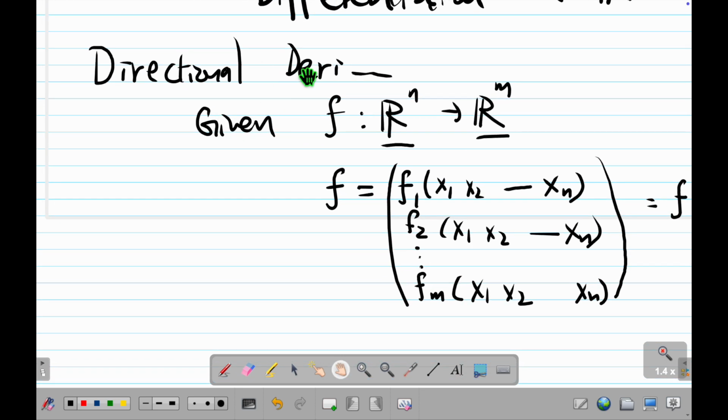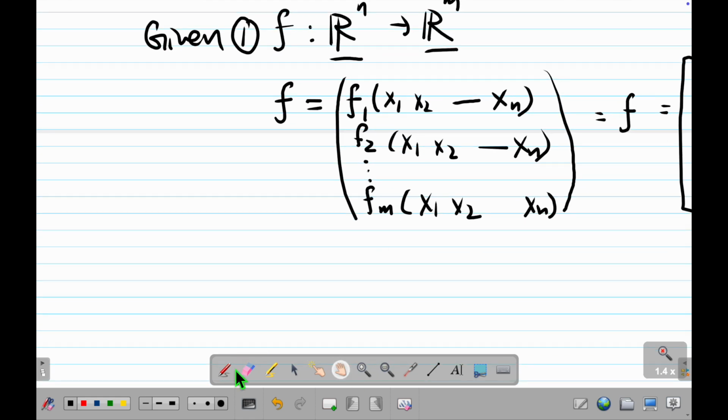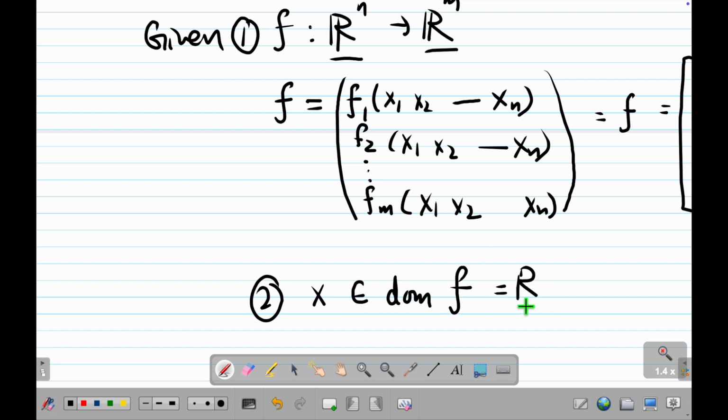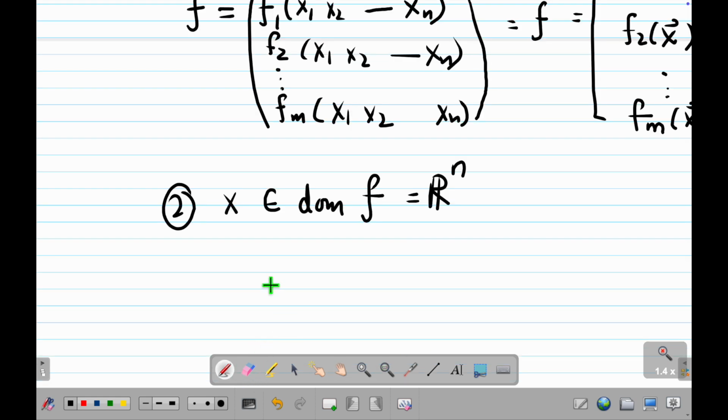So what's the directional derivative? We are given, number one, a function. Number two, an x in the domain of f. In this case, the domain of f is Rn, so x will be just a vector x1, x2, and so on up to xn. So it's a vector in n-dimensional space.